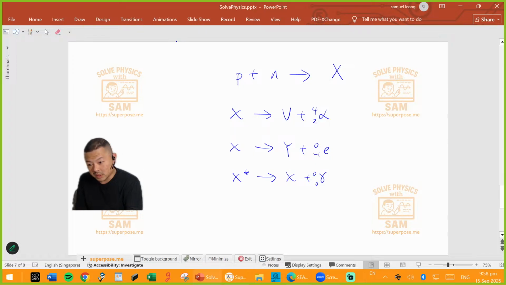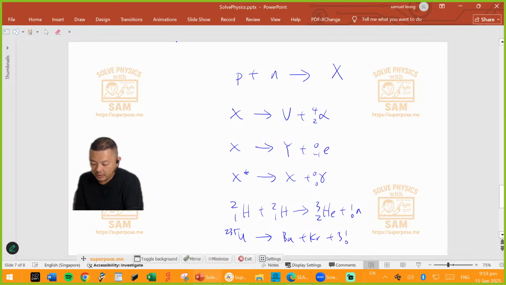Then you've got fusion, and then you've got fission, fission being this barium and then krypton and then 3 neutrons.